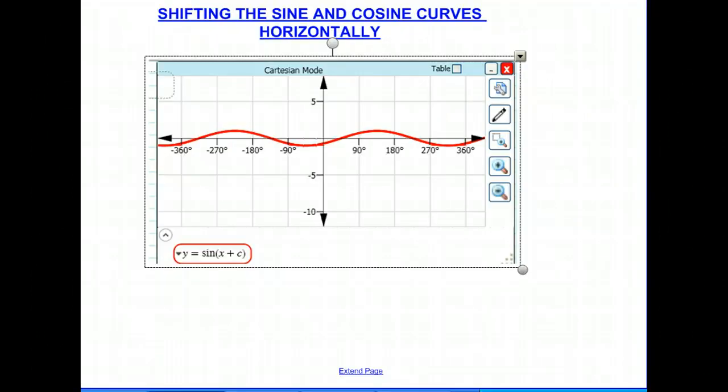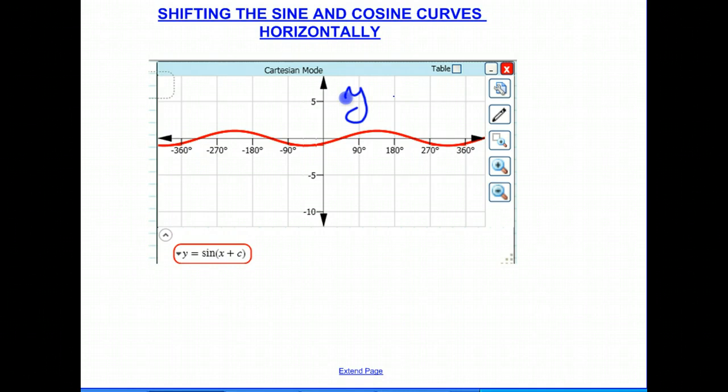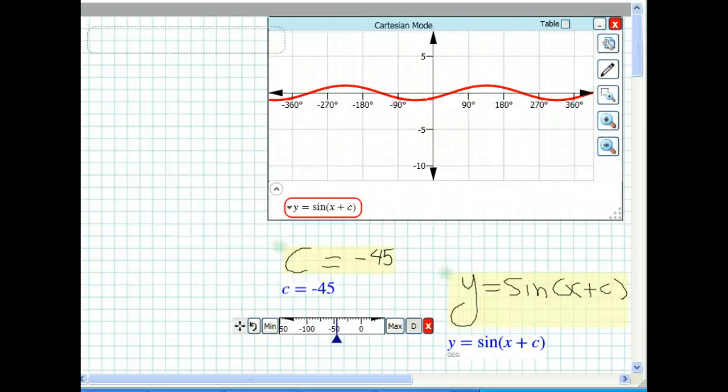Notice the graph has now shifted to the right 45 degrees, because what we did was add a negative value to x. In this case, it was x minus 45 degrees, and the graph shifted to the right. Let's look at one more. If we continue shifting the graph by adding a negative number to x, the graph continues to shift over until we get to just about 90 degrees.